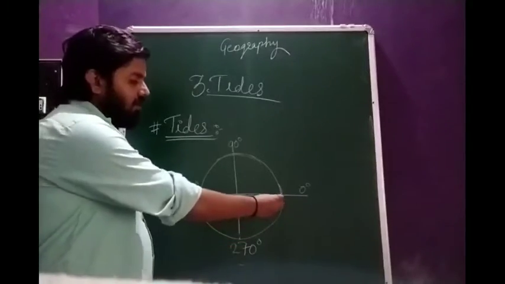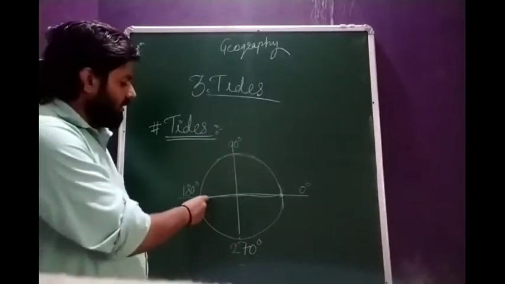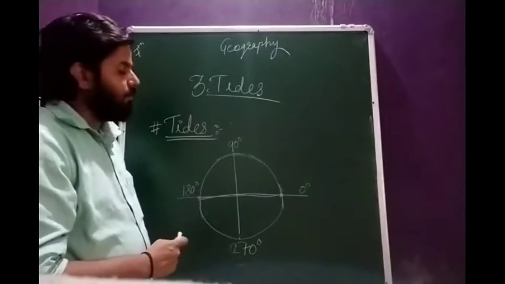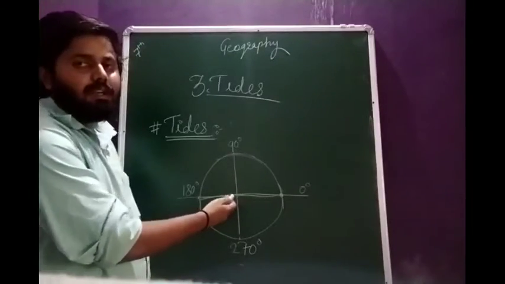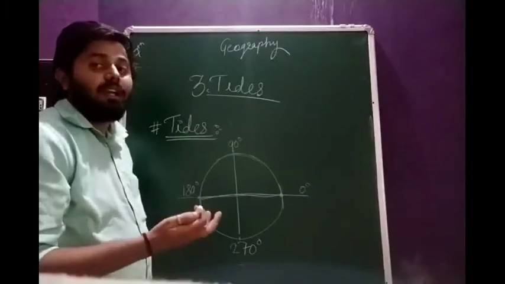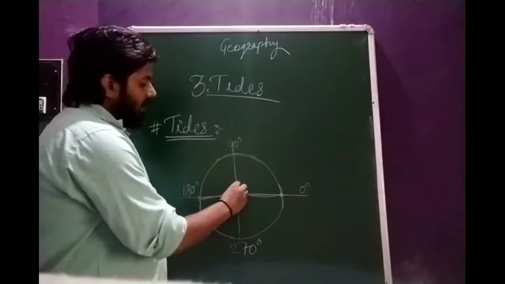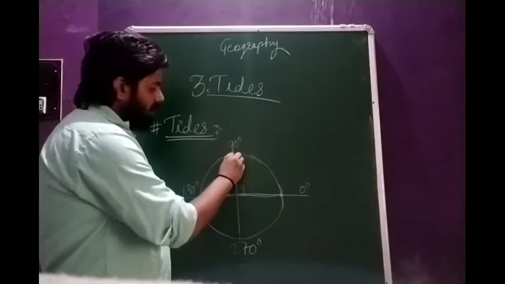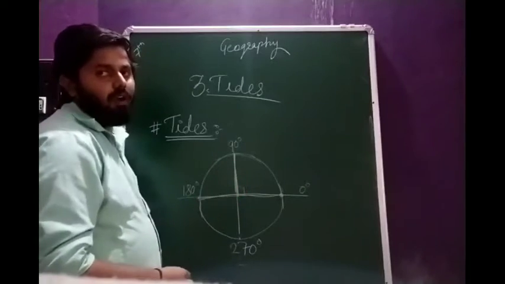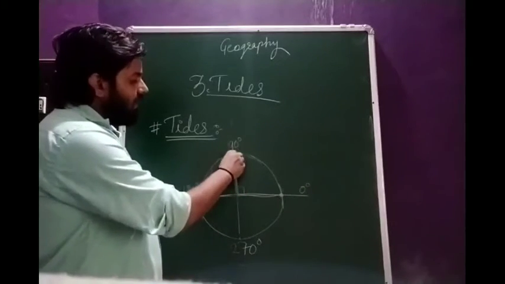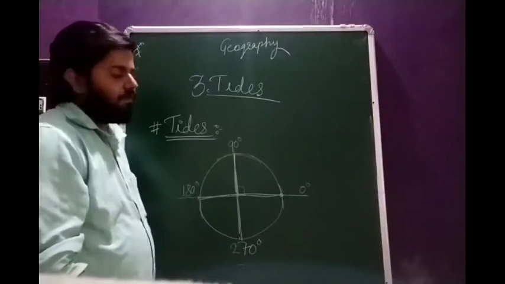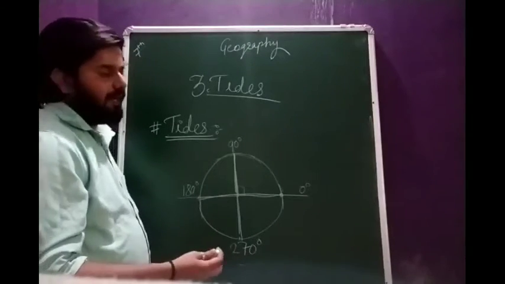If the high tide occurs on the 0 degree meridian, at the 180 degree meridian too, a high tide occurs. And what is the reason behind that? Again, the centrifugal force. And at that same time, at the right angle, that means at the 90 degree meridian, the low tide will occur, and exactly opposite to that, at the 270 degree meridian, there will also be a low tide, right?